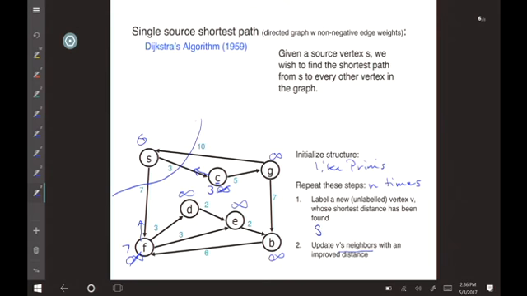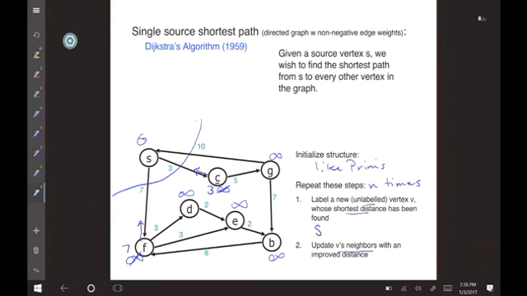All right, now the question is slightly different. We've done the update step, we've iterated. Now the question is slightly different. Label a new unlabeled vertex whose shortest distance has been found. In general, do we know that we have found the shortest distance to F?